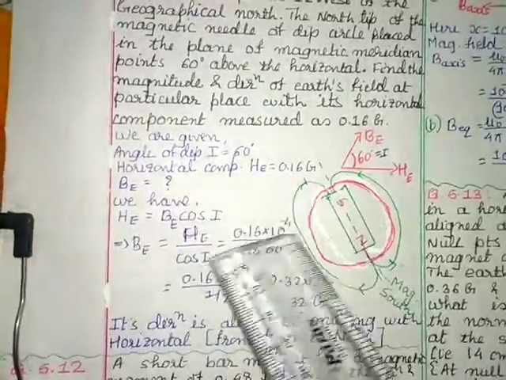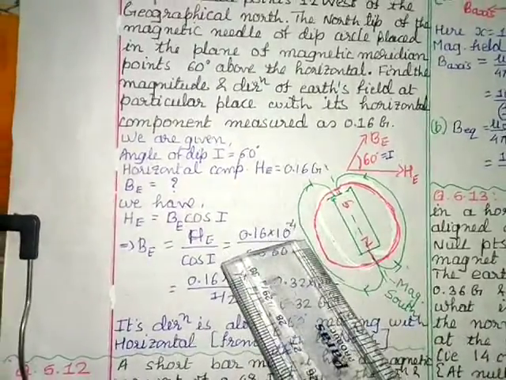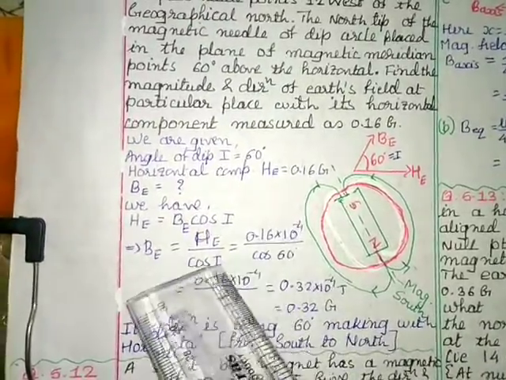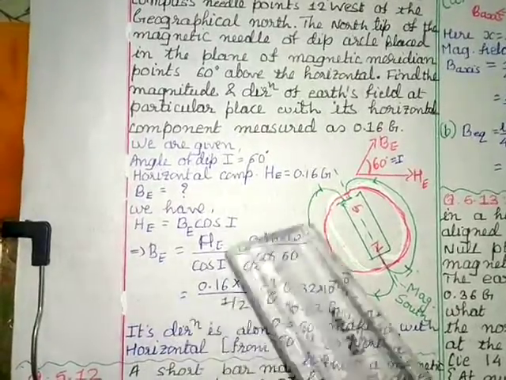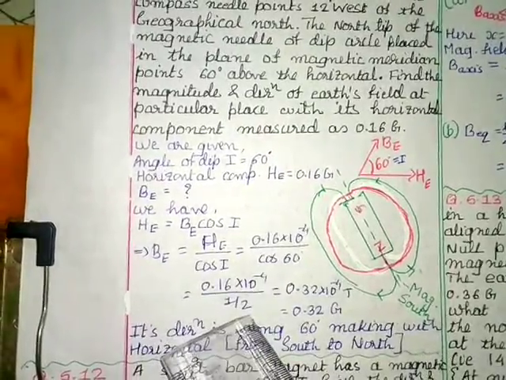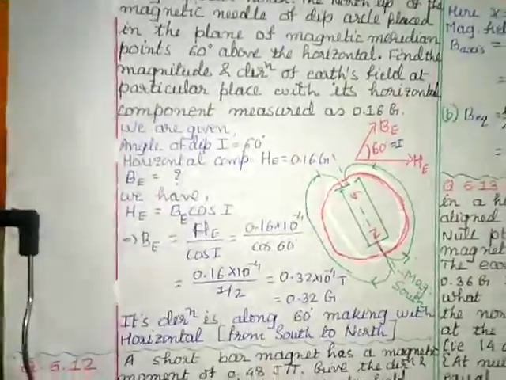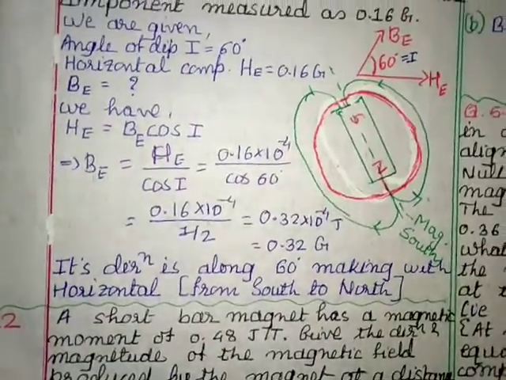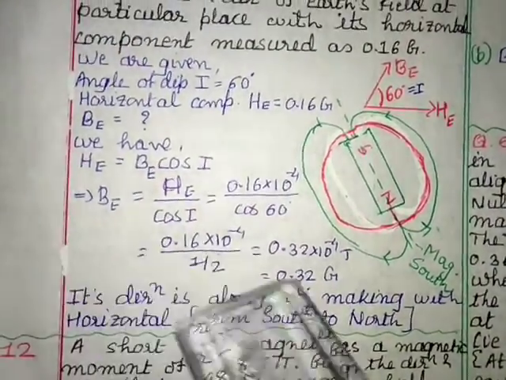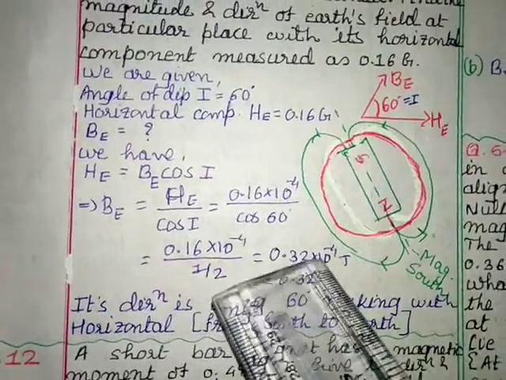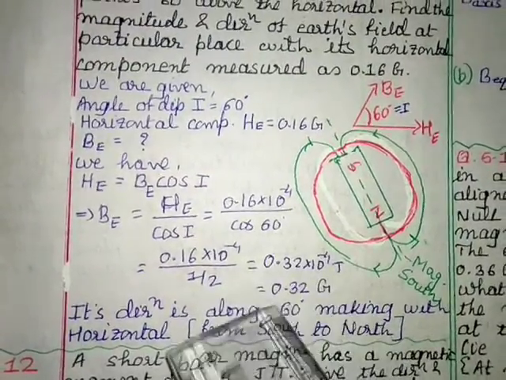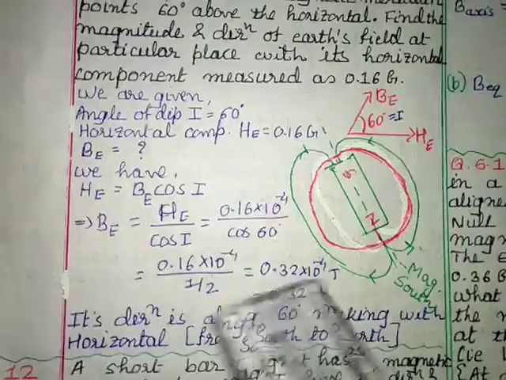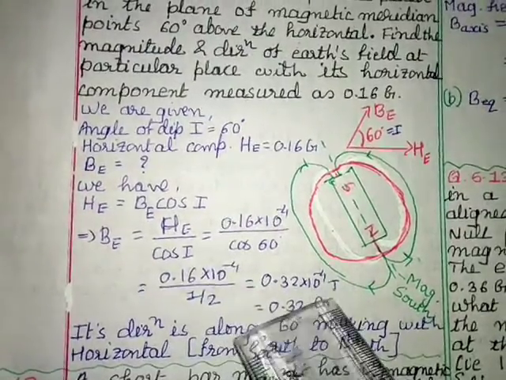It is given in Gauss, you multiply by 10 to the power minus 4, so it becomes Tesla. And cos 60 is 1 by 2. Then you take it up and multiply, and what you get is 0.32 into 10 to the power minus 4 Tesla, that is 0.32 Gauss. In Gauss, you remove the 10 to the power minus 4.